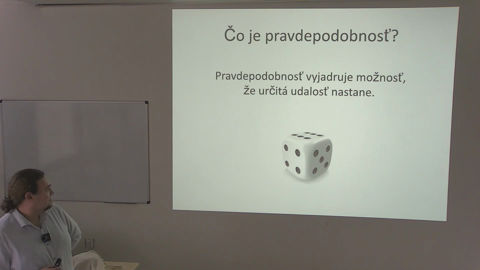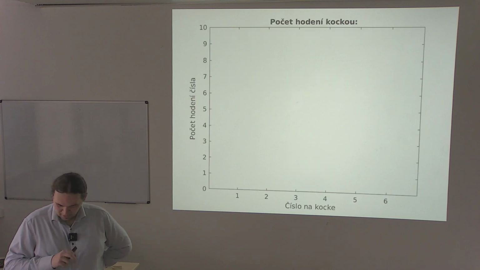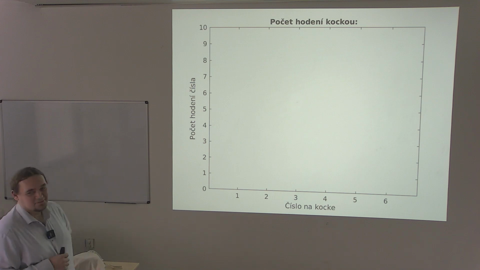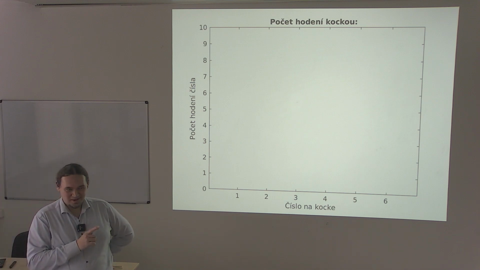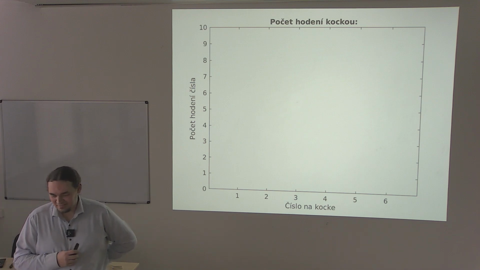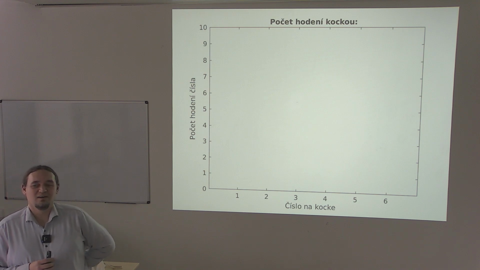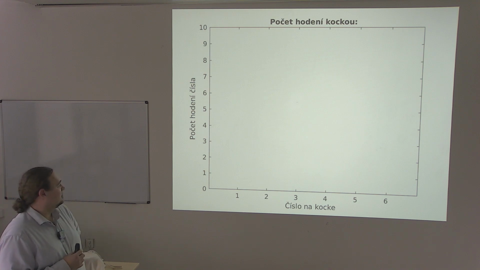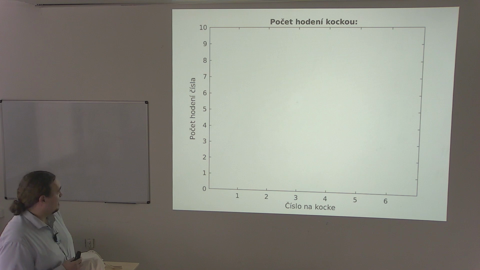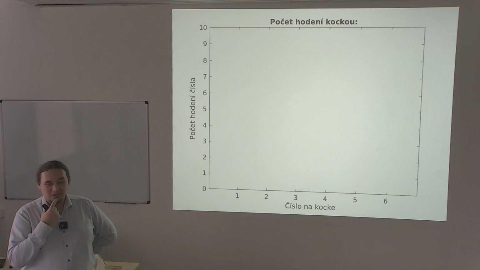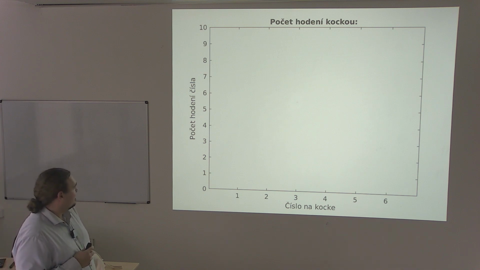So let's try some experiment. We saw a visualization of the data last week. We looked at the case of a histogram. So here we will be building a histogram.